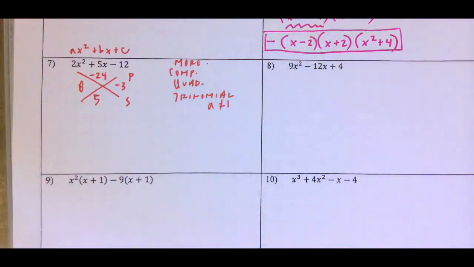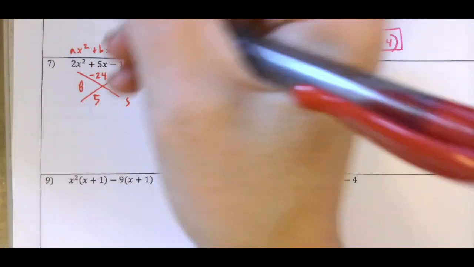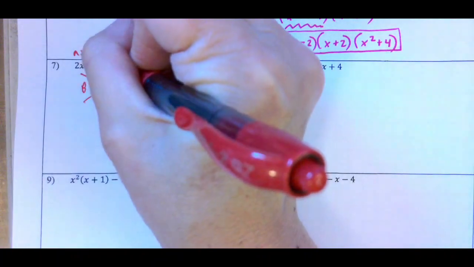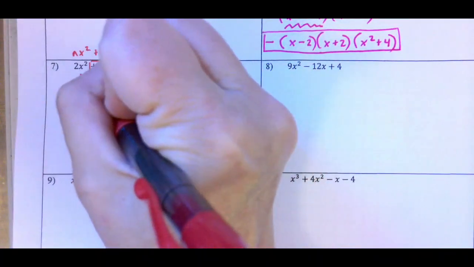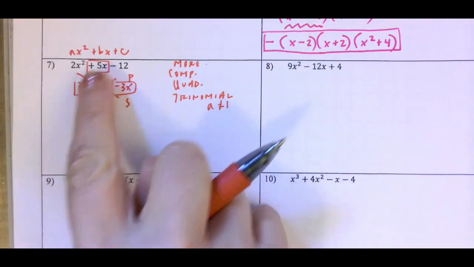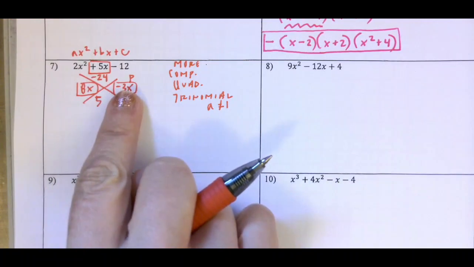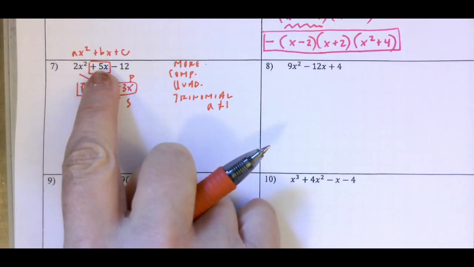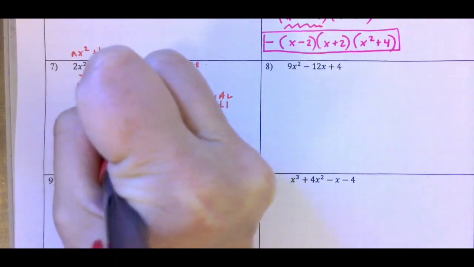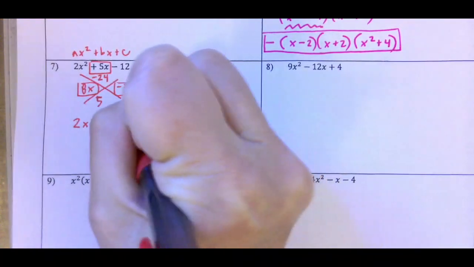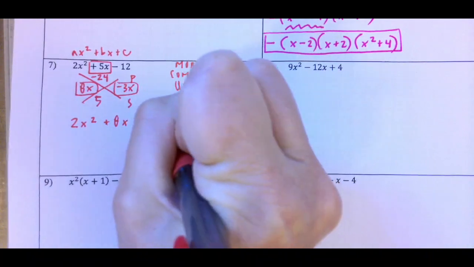Now here, since this is more complicated, we really need to think of what we just found here with an x, and then plugging in for that 5x right here, because 8x minus 3x makes us 5x in the middle. So if I rewrite this, I have 2x squared plus 8x minus 3x minus 12.